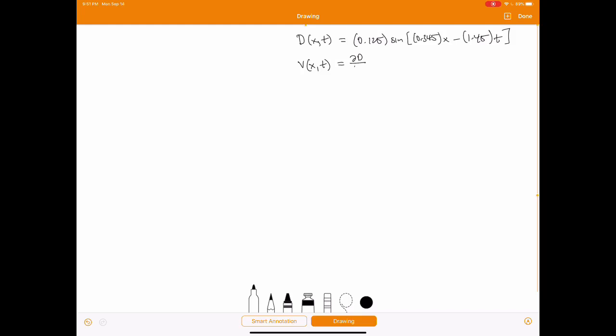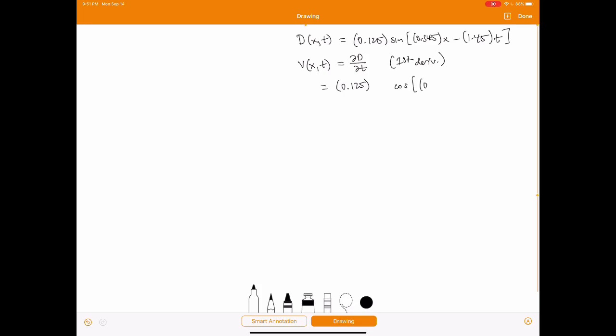Okay, so the velocity as a function of x and t would just be the first derivative with respect to time of that displacement. So let's work that out. The first derivative with respect to time, well, we have a constant out front of 0.125, and the derivative of sine is cosine.